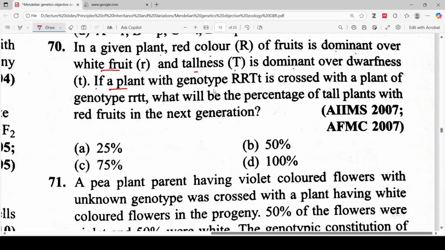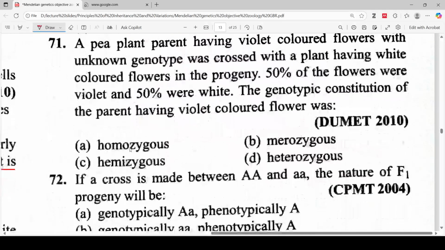If a plant with genotype RRTT is crossed with a plant of genotype RRtt, what will be the percentage of tall plants with red fruits in the next generation? So here the correct answer will be 50%. So option B is the correct answer. Next question.